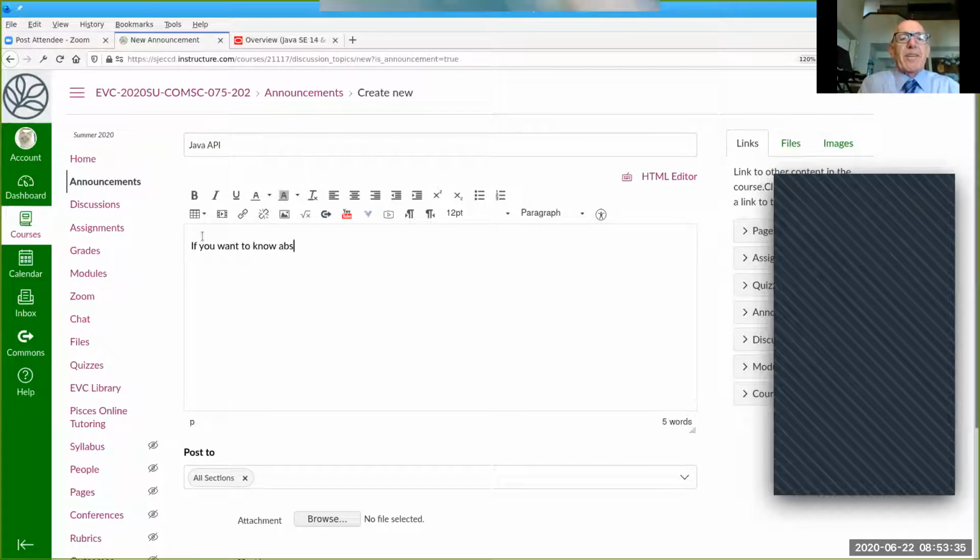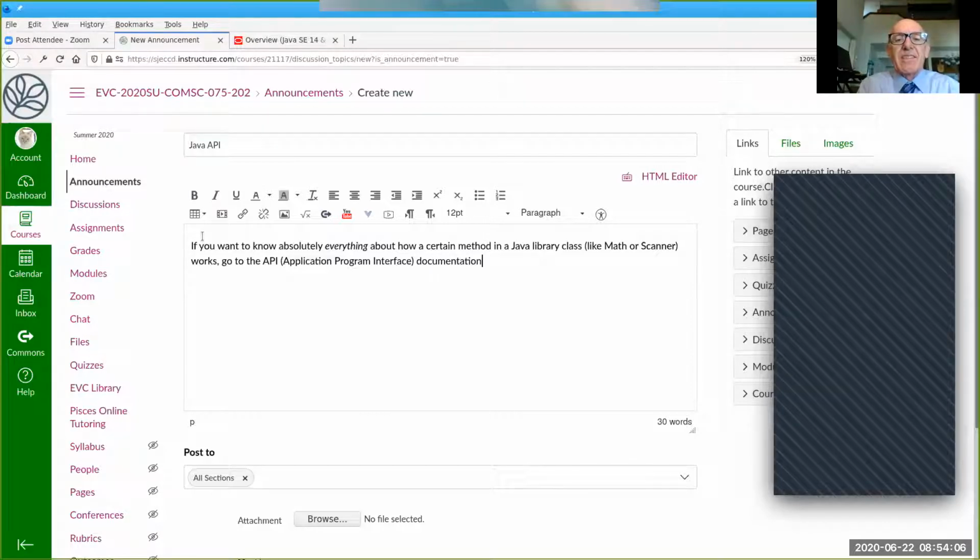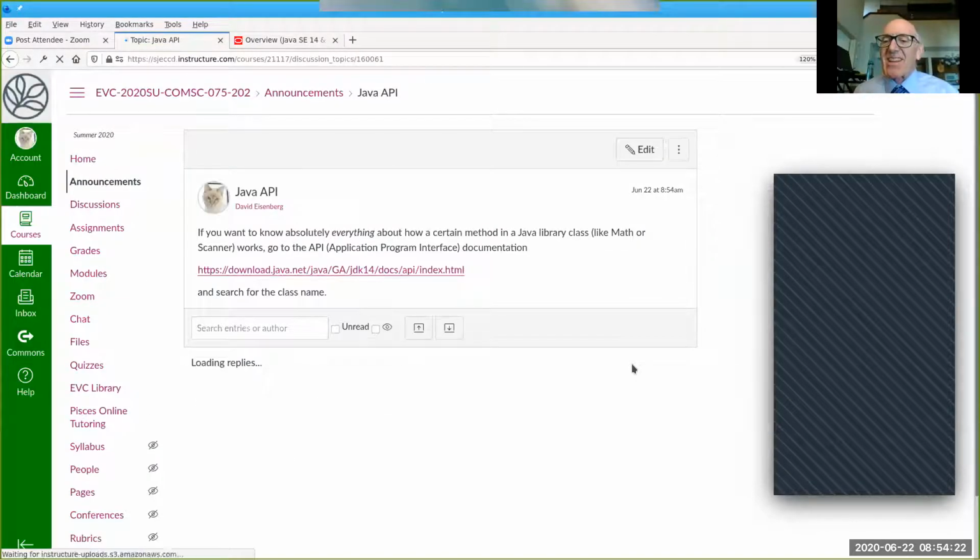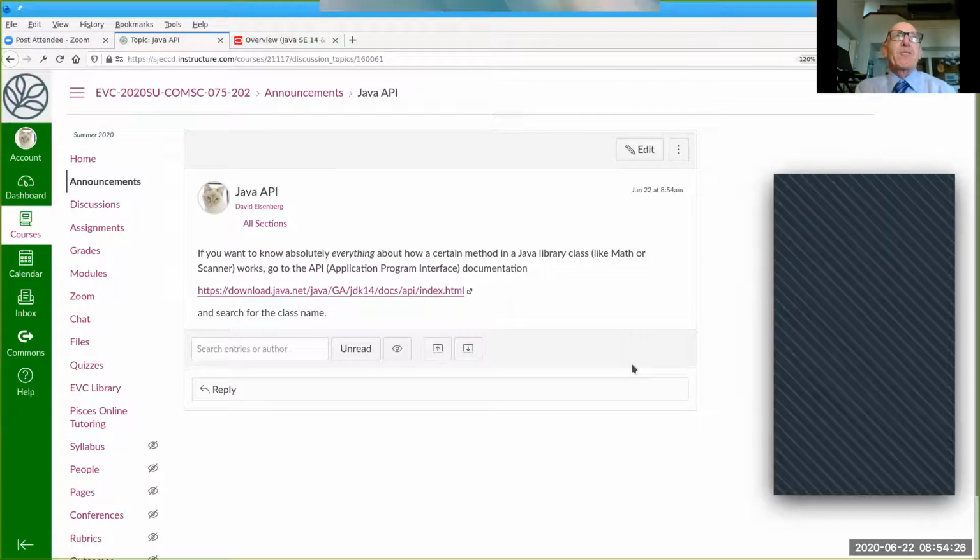If you want to know absolutely everything about how a certain class works, there's this joke about the kid who writes a thank you note to his aunt and says, "Dear Aunt Martha, thank you for the book about elephants.